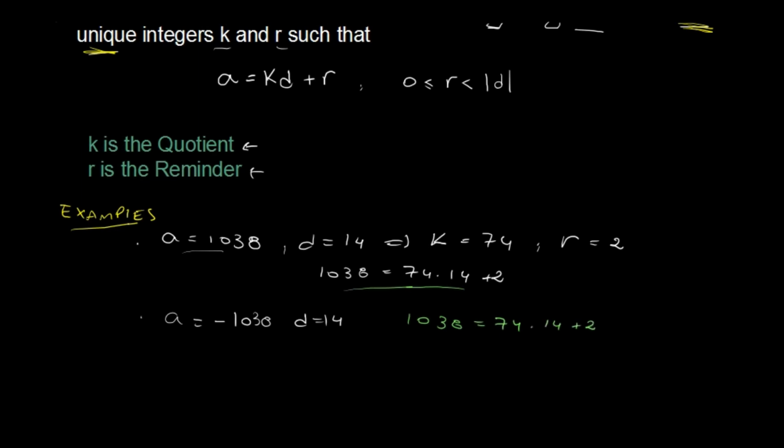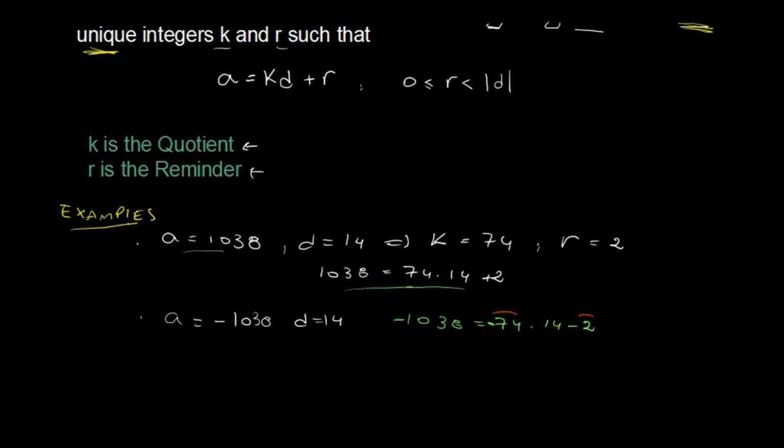So negative 1038 will be negative 74, and instead of plus 2, minus 2. And then you say, oh, okay, that's it. It's finished. I have my remainder and I have my quotient.